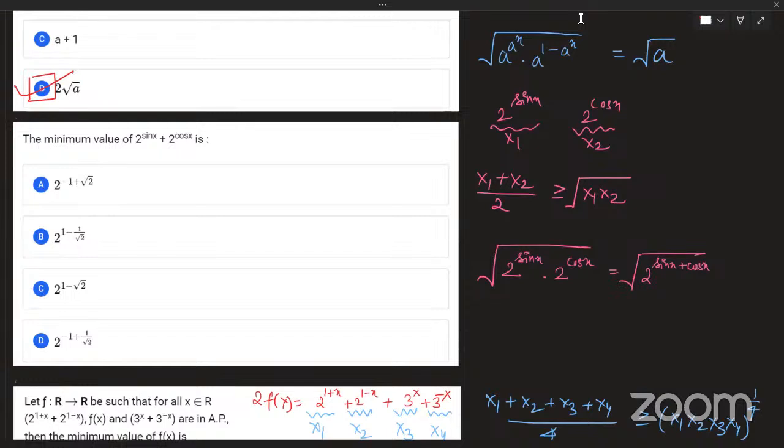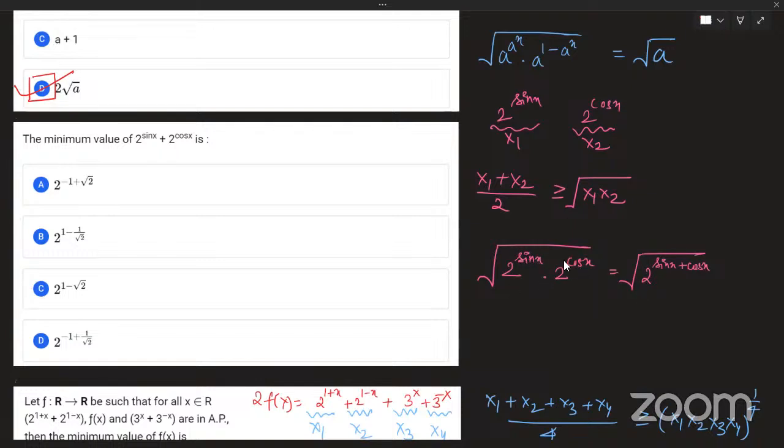Sir, can you please tell how you get under root 2? See, if I have two values, my first observation is x1, that is 2 raised to sin x. My second observation is 2 raised to cos x. I'm just applying my basic formula that AM is greater than or equal to GM. So in my GM, I have square root of 2 raised to sin x into 2 raised to cos x.